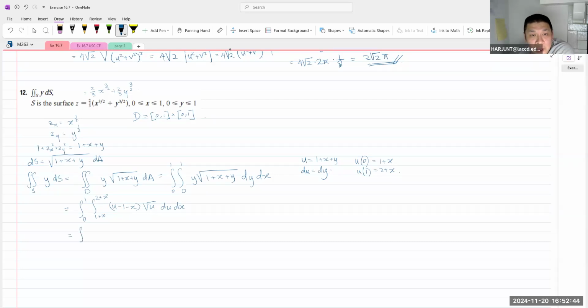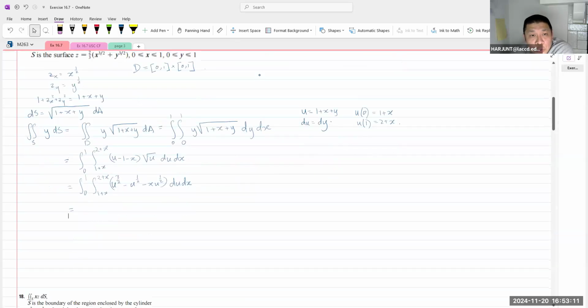Let's distribute that. It's u to the power of 3/2 minus u to the power of 1/2 minus x u to the power of 1/2, du dx.